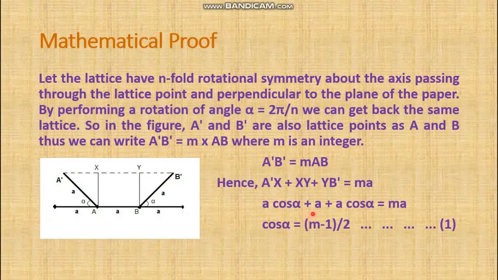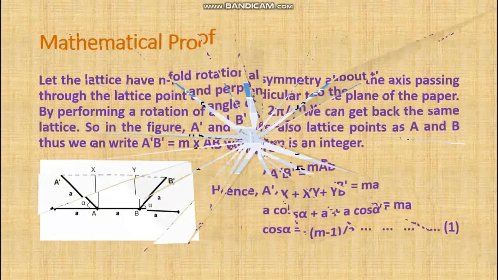So a cos alpha plus a cos alpha, because XY is a, is equal to AB, that means small letter a. So A dash X is a cos alpha, XY is a, and Y B dash is also a cos alpha, and this is equal to Ma. Solving, we get cos alpha equals M minus 1 by 2. So this is equation number 1.